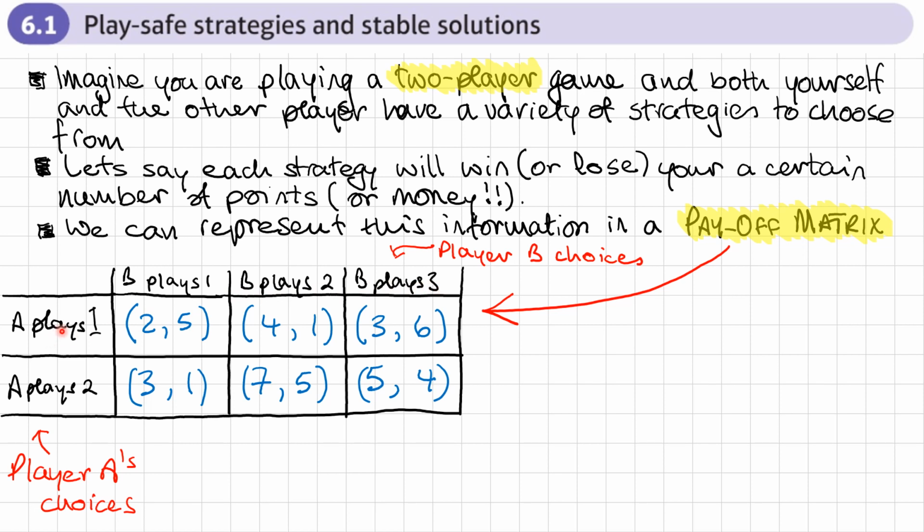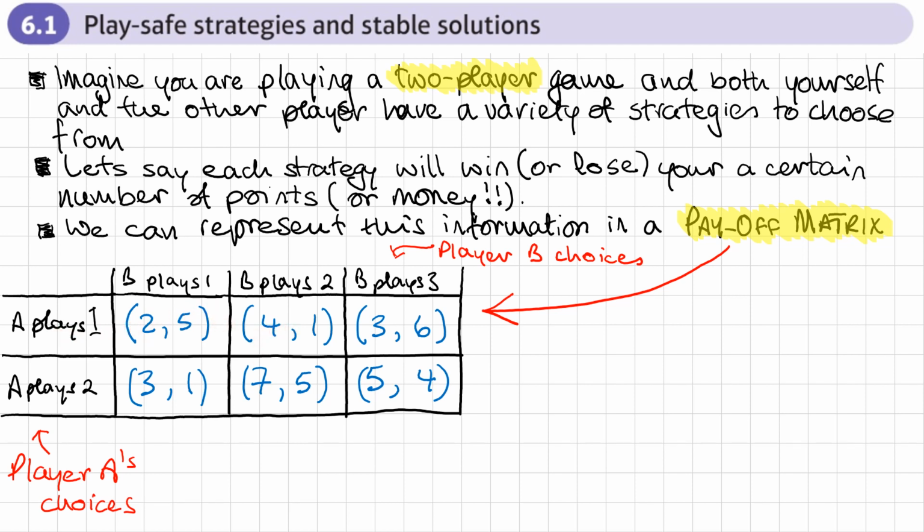So you can see player A has two different choices, two different strategies they could pick in playing this game, whereas player B has three different strategies they could choose from. Now the numbers in the brackets that look like coordinates represent the amount of money or points that each player wins. The first number represents what A will win, and the second number represents what B will win.